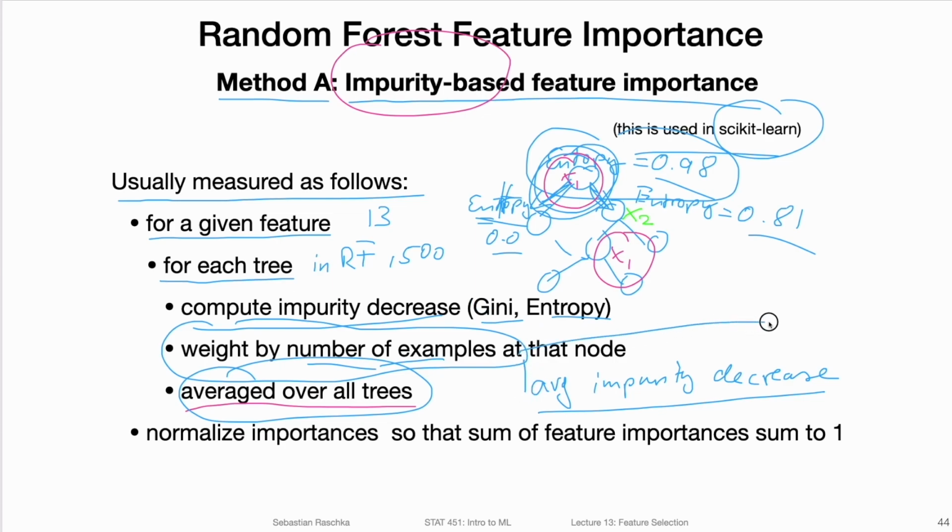So we get these average impurity decreases for each of the 13 features here. And once we have that, these could be some numbers, depends on how you normalize. They could already be between 0 and 1, or they could be just some numbers that you get there. And then they are normalized such that they sum up to 1. And this is essentially the feature importance that you then get in the random forest.